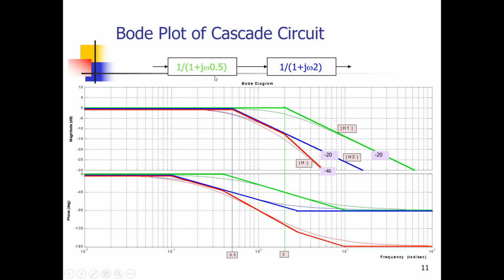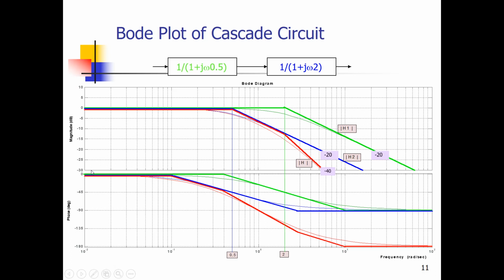Well, we can do the same thing for the green system. The crossover frequency was at 1 over 0.5, which is 2 radians per second. This is 2 over 5, which is 0.4 radians per second. And the higher frequency was 5 times 2, which is 10 radians per second, which is over here.